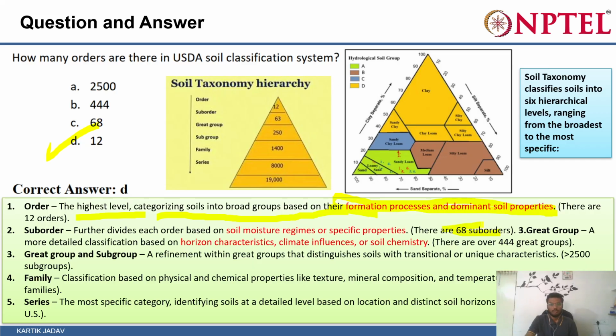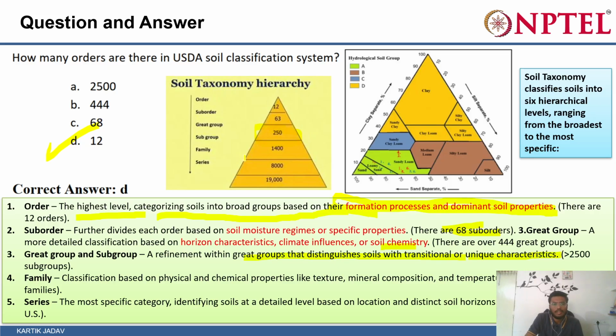Then we have great groups, the more detailed classification based on horizon characteristics, climate influences, and soil chemistry, and there are around 250 of them. After great group, we have a subgroup, which distinguishes soil with transitional or unique characteristics.